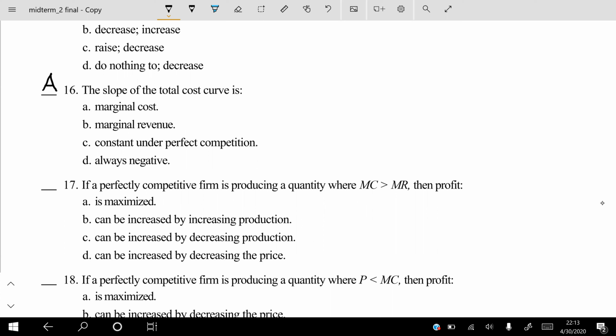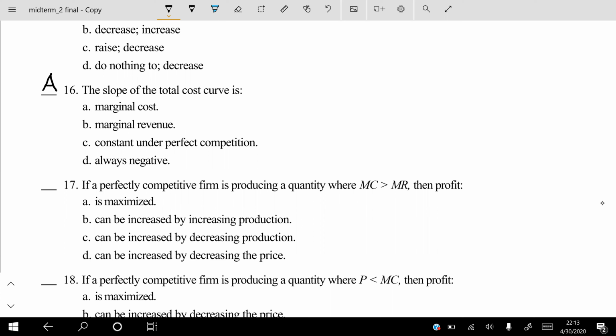If a perfectly competitive firm is producing a quantity where marginal cost is greater than marginal revenue, then profit is maximized, can be increased by increasing production, can be increased by decreasing production, or can increase by decreasing the price. Again, what are the magic words?